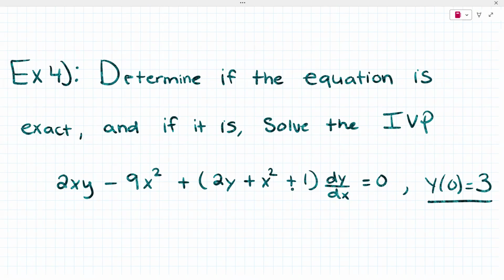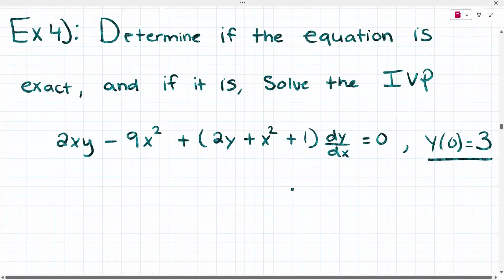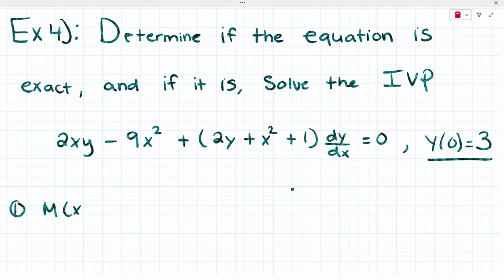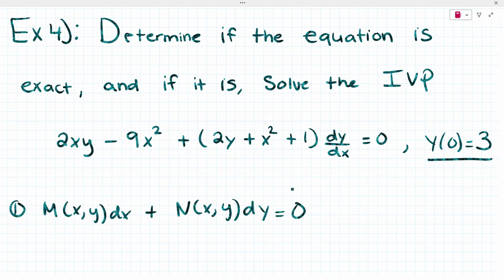So first step is determine if it's an exact equation, if it is in the correct form, right? So is it in the form of this? Not quite. We have a dy, which is good, but we don't want this dx on the bottom. How do I get rid of this dx?